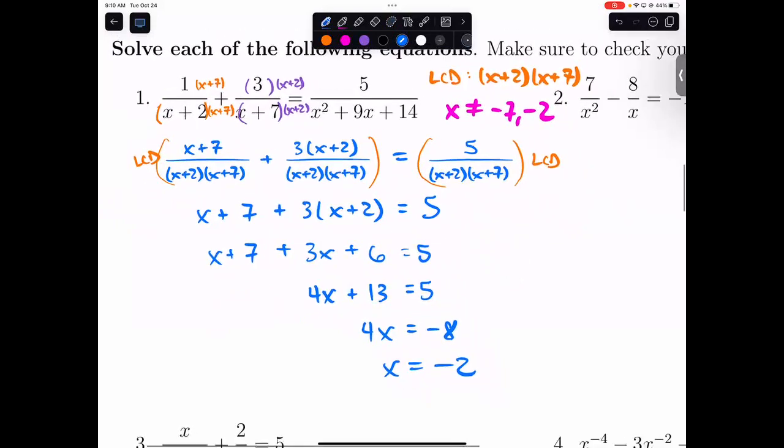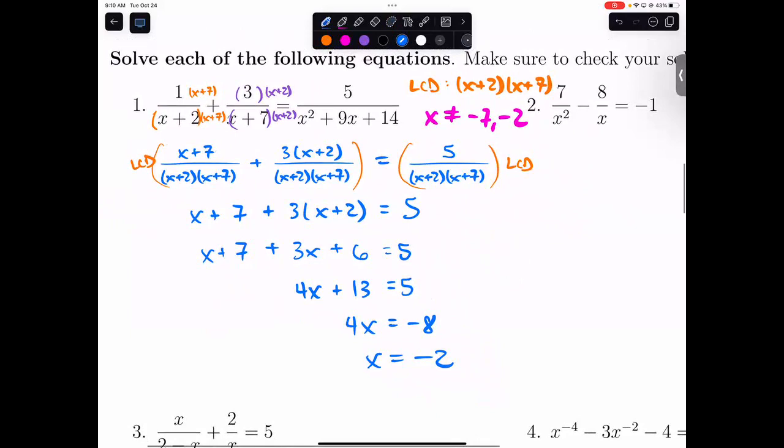There you go. And we get x equals -2. This 5? Oh, okay. Yeah, that's the 5 that's always been there. And then here, just combining like terms and then subtracting the 13 over.